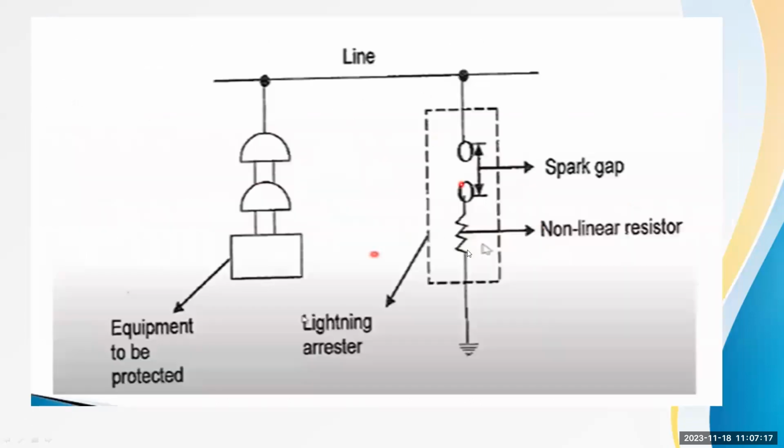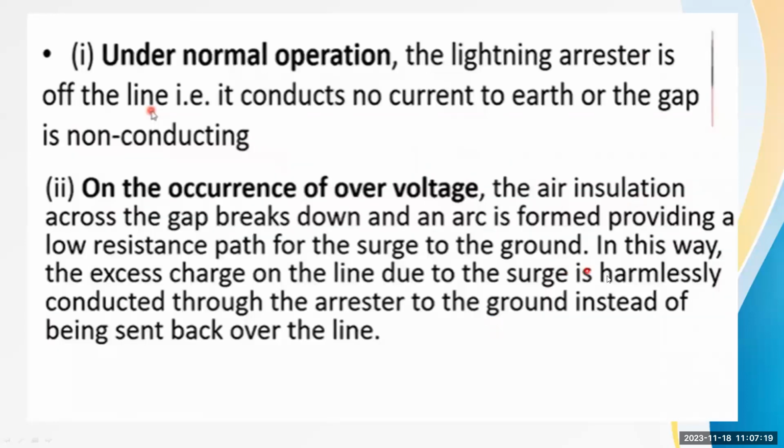In this way, the excessive charge on the line due to the surge is harmlessly conducted through the arrestor to the ground instead of being sent back over the line.